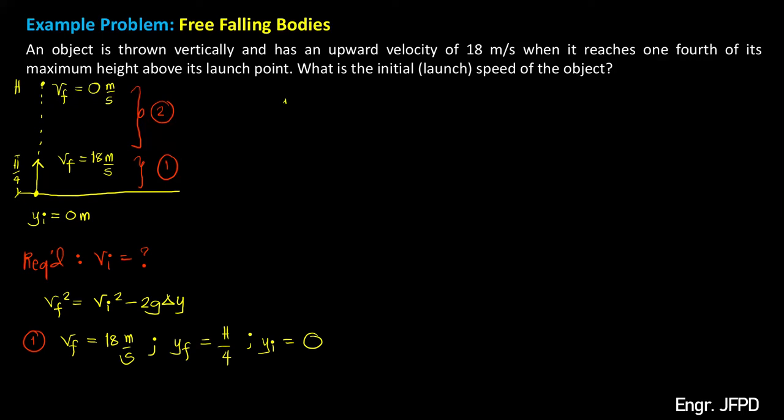Using this formula of Vf squared, let's substitute. We have here Vf squared, 18 meters per second squared, is equal to the unknown initial velocity squared minus 2g.